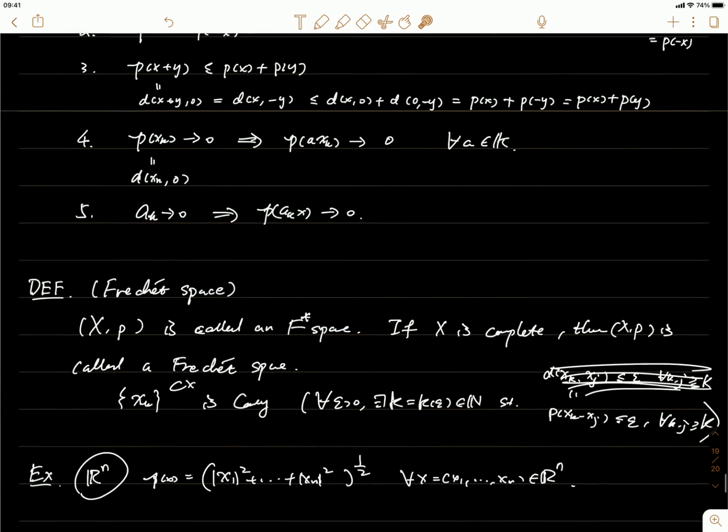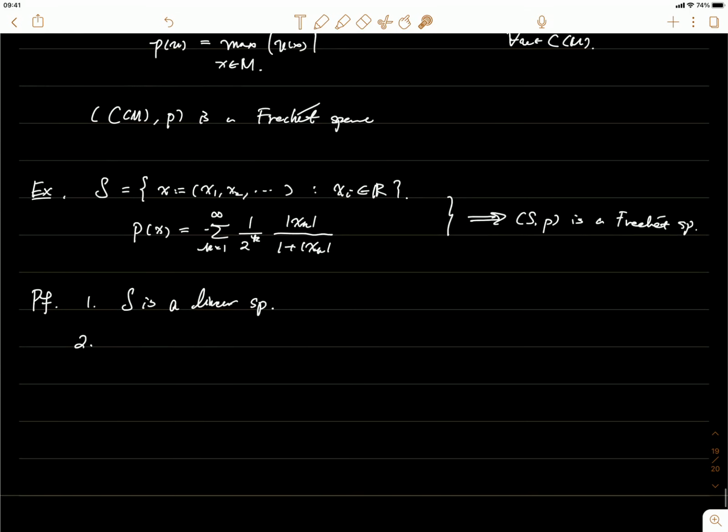Triangle inequality. Okay, let's show that. So P(x plus y), according to our definition, should be the sum of 1 over 2 to the k, times the kth term of x plus y.